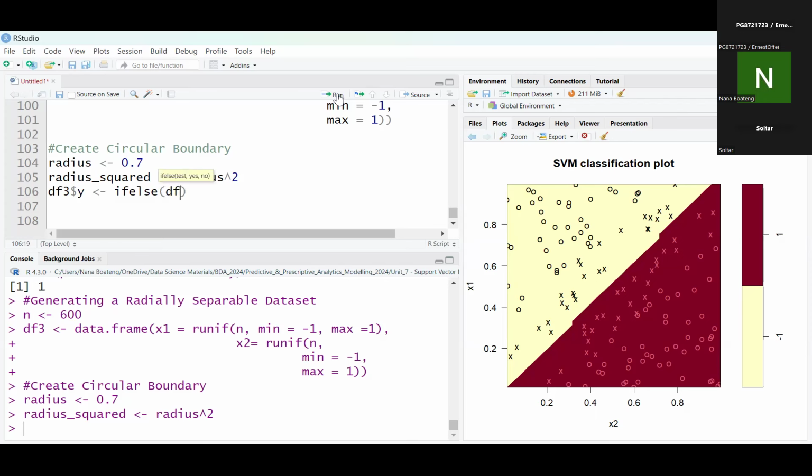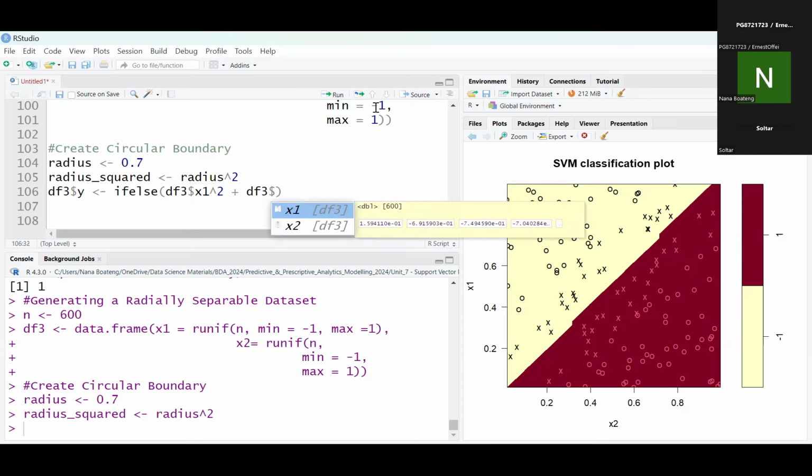So df3 x1, let's square it. Then we have df3 x2, let's square that one too.